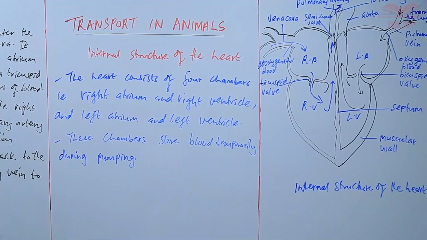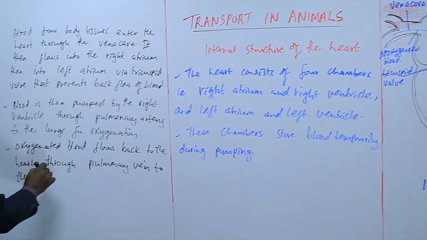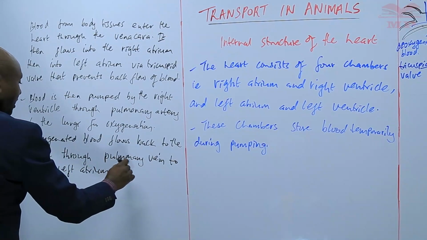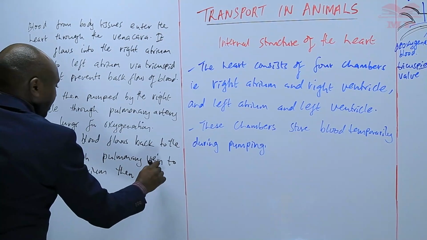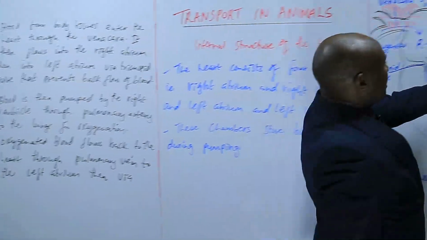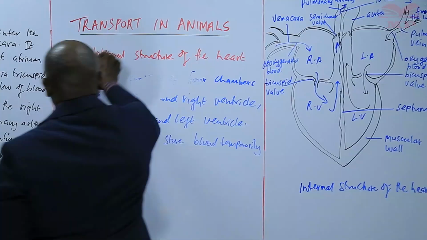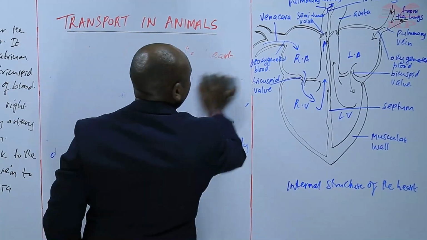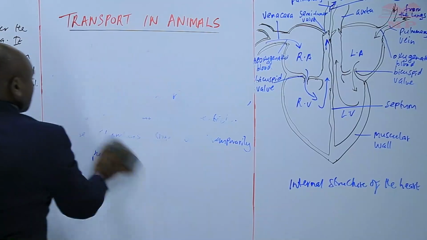Pulmonary vein to the left atrium, then via the bicuspid valve into the left ventricle.